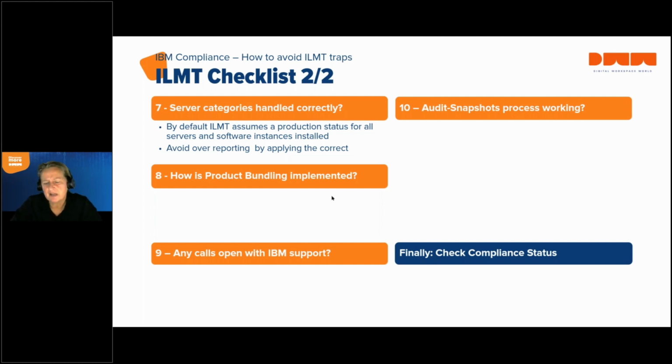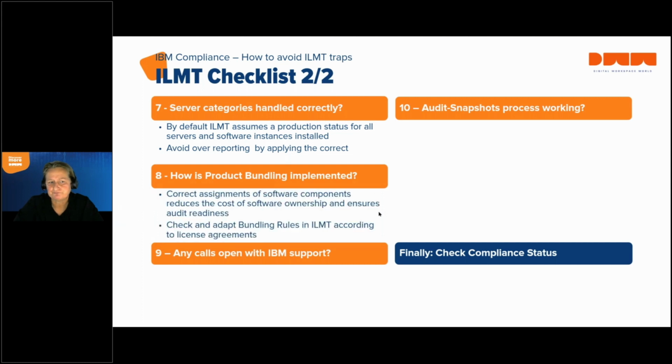How is the product bundling being implemented? For example, if you have a software installation of a certain product, but you already purchased another product bundle from IBM, and you apply the automatic bundling rules from ILMT, it will end up generating wrong or different license requirements and license usages.